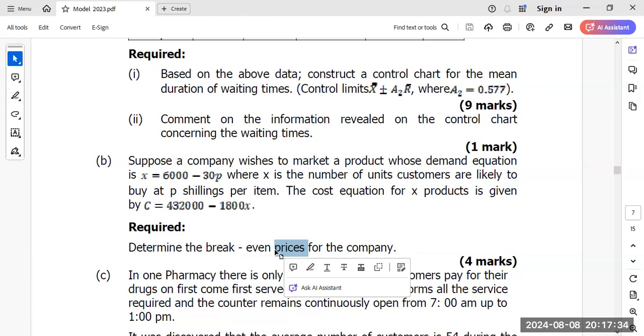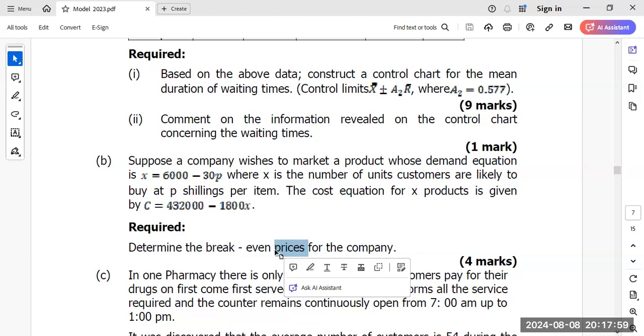If they say break-even quantity for the company, then all your functions should be in terms of quantity. But if they say break-even prices, then all your functions should be expressed in terms of price.